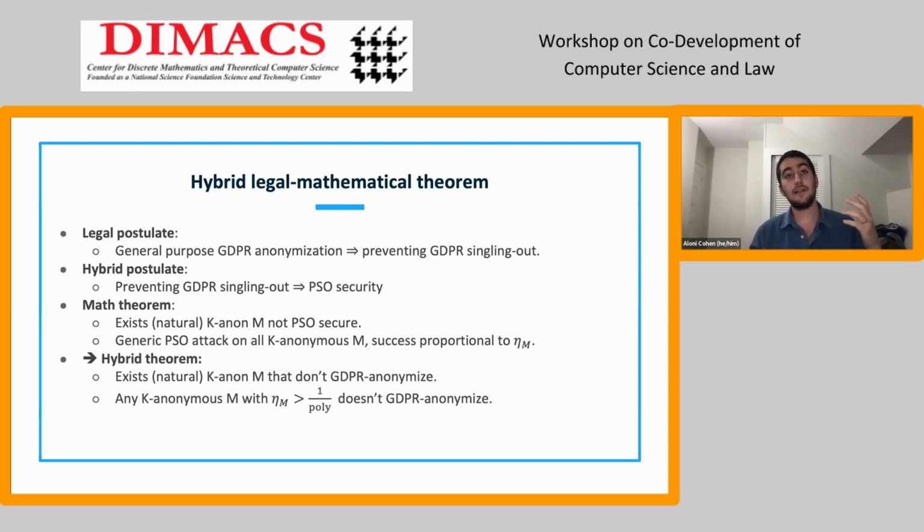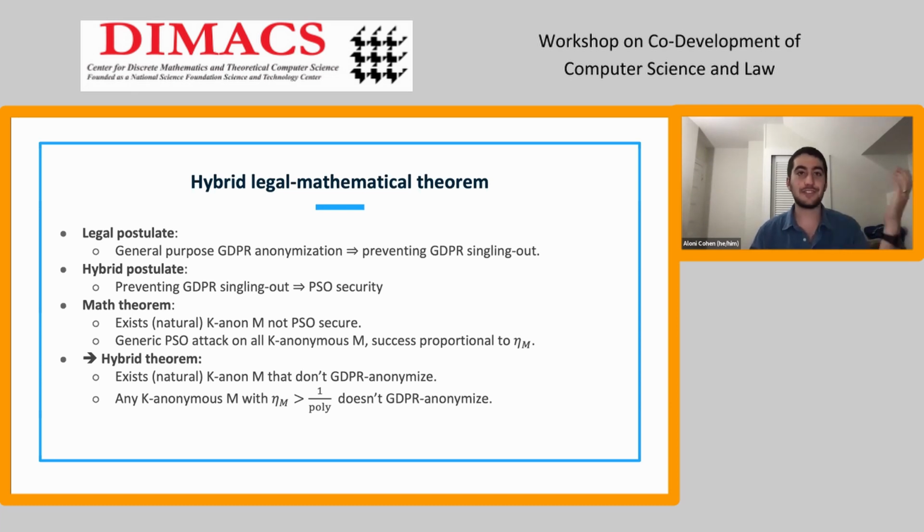In particular, any k-anonymous mechanism where this parameter is at least a certain amount doesn't GDPR anonymize. And this is a statement relating a mathematical property of an algorithm and a distribution over data to a legal consequence, a legal standing of that algorithm under European law. So that's the type of thing I mean by a hybrid theorem.